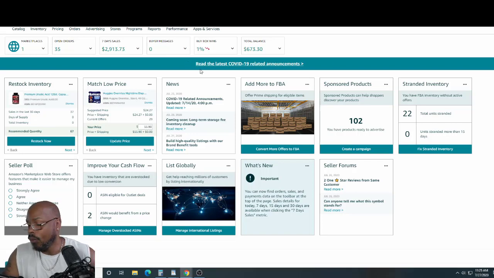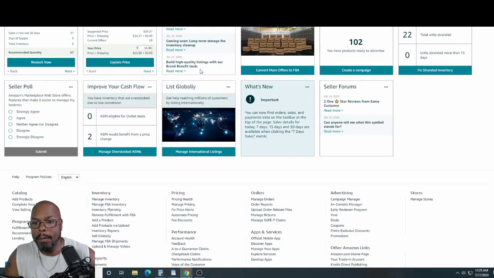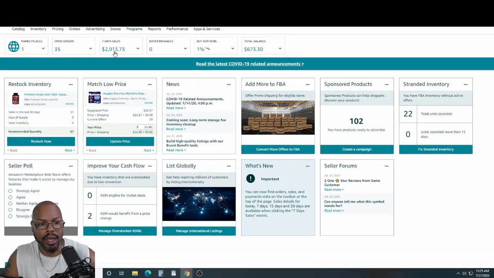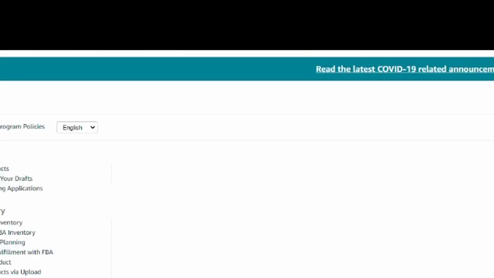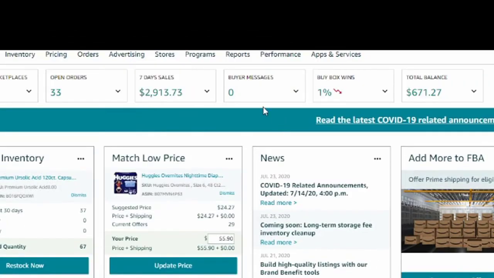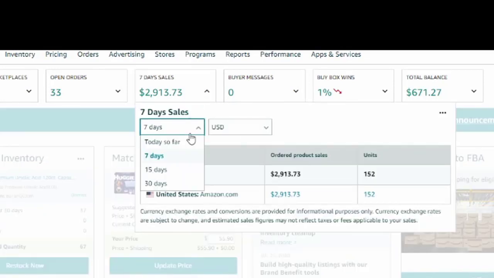Right now we're out in my Seller Central account, and what you're going to see is, if we look at today what we've sold so far, we've sold 3 units. We'll hit the refresh key just in case that might have changed, and it didn't.